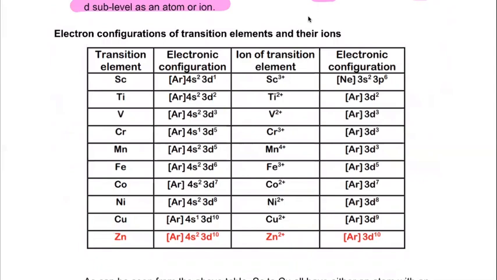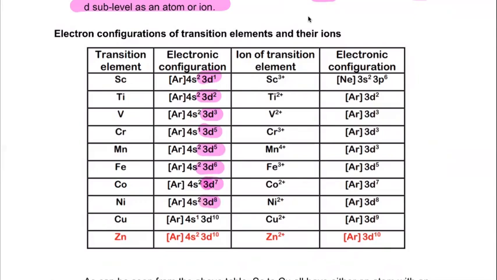For example, scandium as a neutral atom is 3D1. Titanium's 3D2. We've got 3D3, 3D4, and then chromium's 3D5 because it's that exception, so it skips the 3D4. It's 4S1, 3D5. Manganese 3D5, then 6, 7, 8.